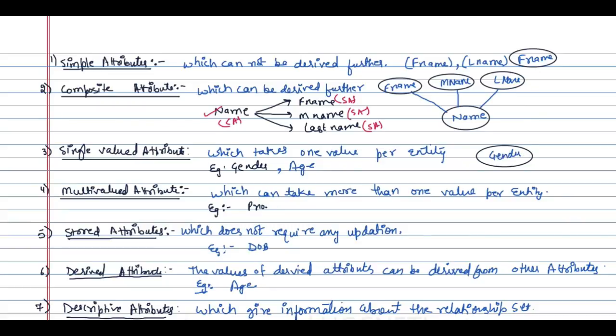Multi-valued attributes, which can take multiple values, are represented by a double oval, one oval inside another, like the multi-valued attribute phone number. Stored attributes are represented using a single oval, like date of birth.